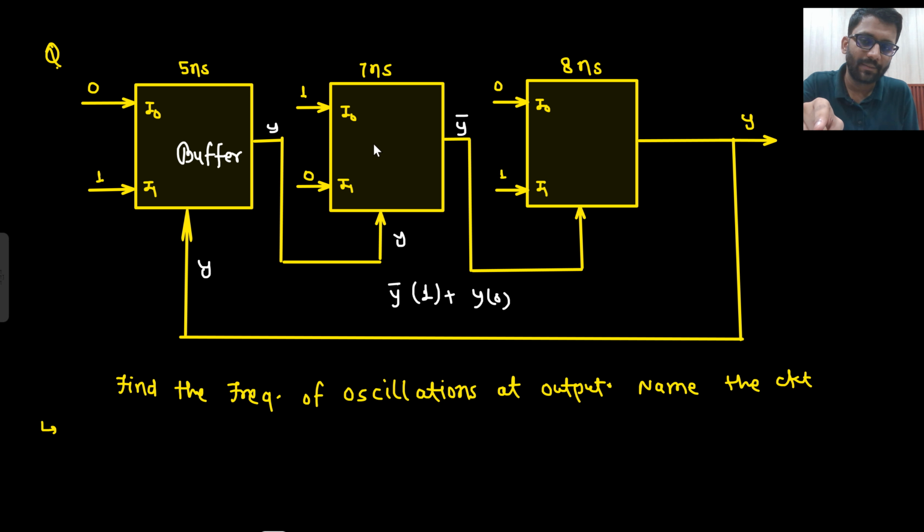What is this? This is a NOT gate, or inverter, I should write. This is an inverter, right? What about this? This Y bar is there. You can see I1 is connected to 1, I0 is connected to 0. So 0 is connected to 0, 1 is connected to 1. So rightly I can say this is a buffer. Here I could have said 1 is connected to 0, 0 is connected to 1, inverter. 1 is connected to 1, 0 is connected to 0, buffer. So what is this circuit?